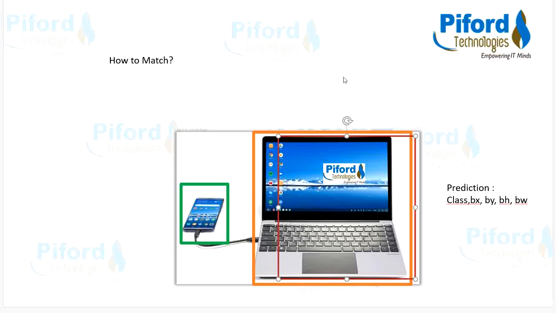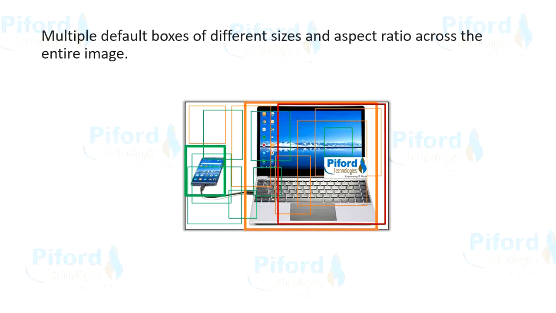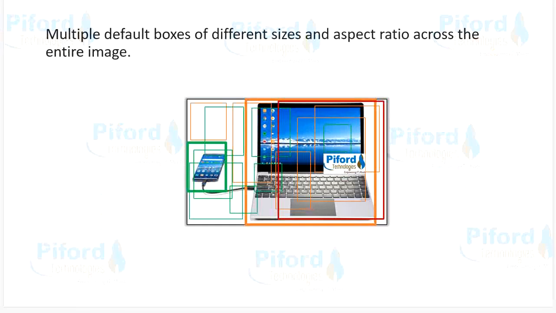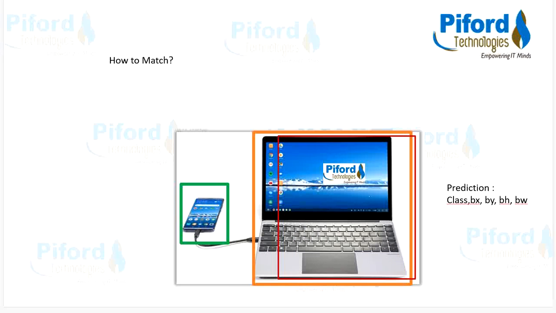Now let's talk about the matching strategy, how SSD matches the boxes and how it gives us the prediction. While training, SSD matches the default bounding boxes. What are the default bounding boxes? Those 8732 bounding boxes per object.